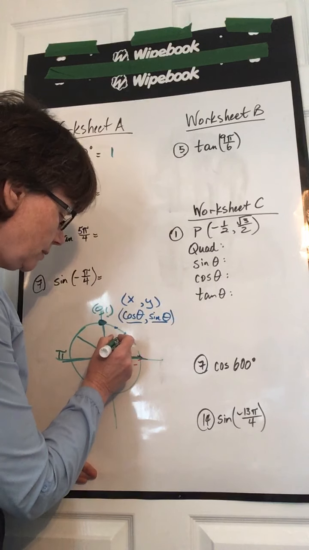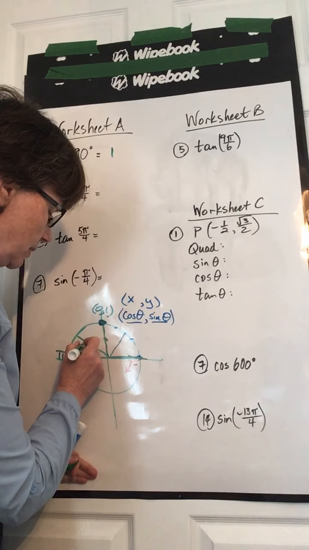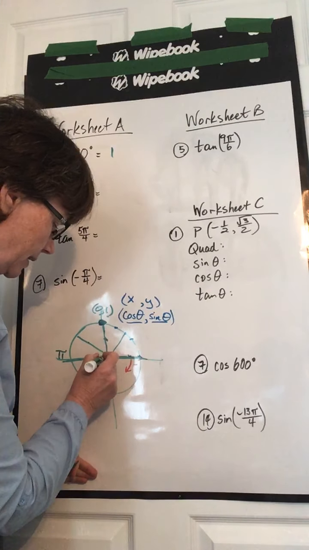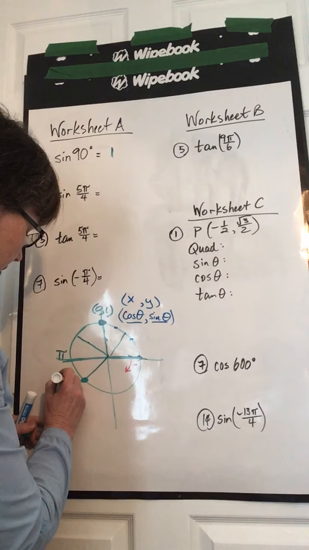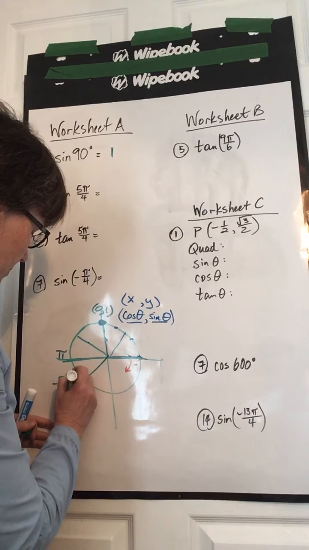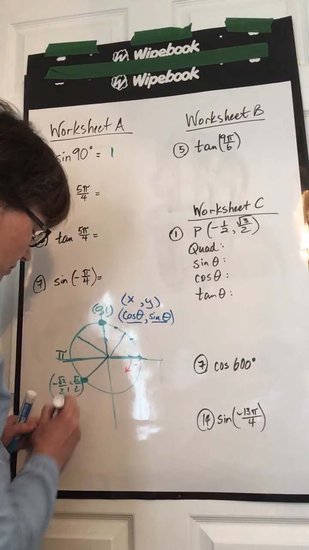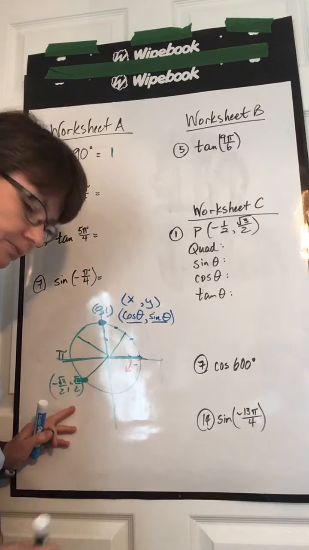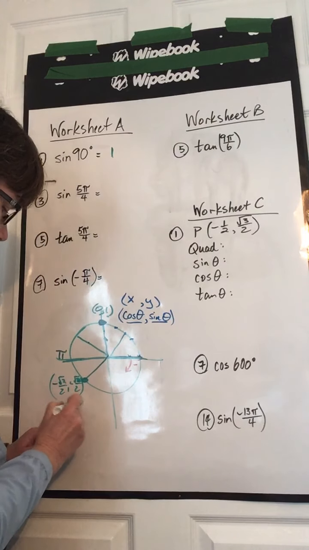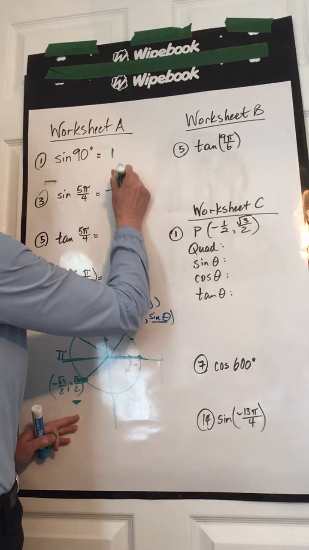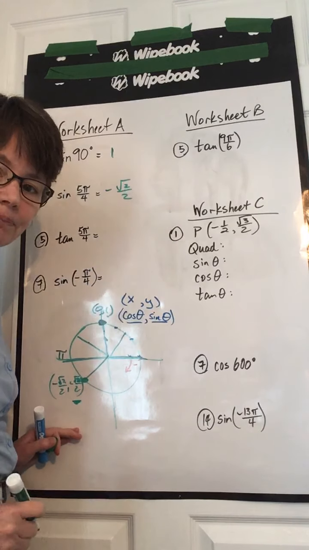So this would be 1 pi over 4, 2 pi over 4, 3 pi over 4, 4 pi over 4, 5 pi over 4 will bring us here. And the ordered pair for that spot is (negative root 2 over 2, negative root 2 over 2). So the sine of 5 pi over 4 is the y-coordinate, negative root 2 over 2.